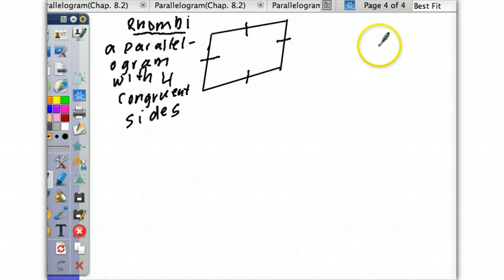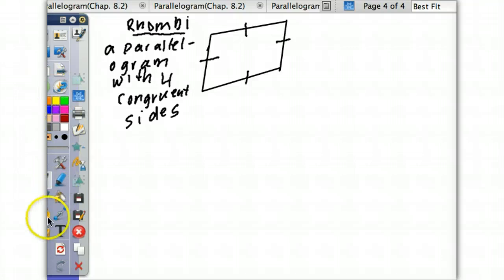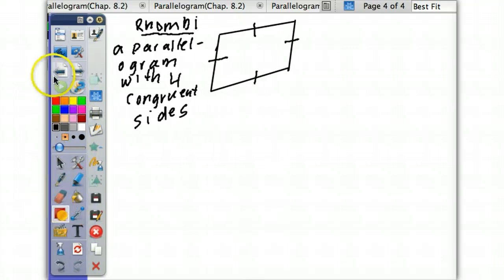So if you think of a square, let me put a square beside it. Where did I go again? Okay, let me put a square beside it. No, there's a square option. Pick a square. Yeah, let's just put it right here.